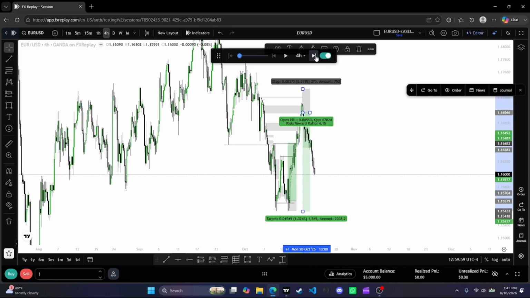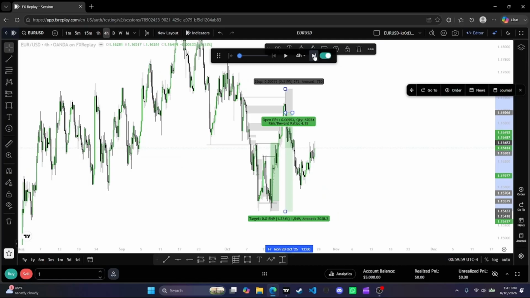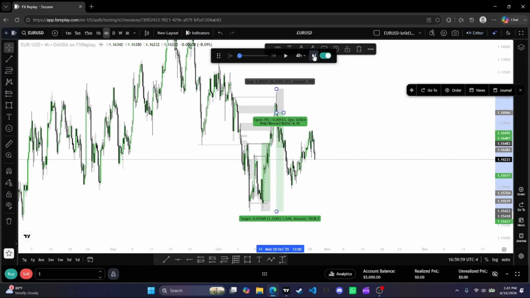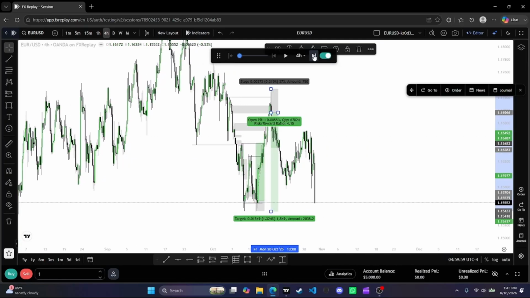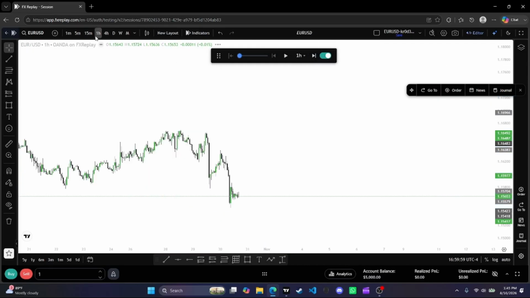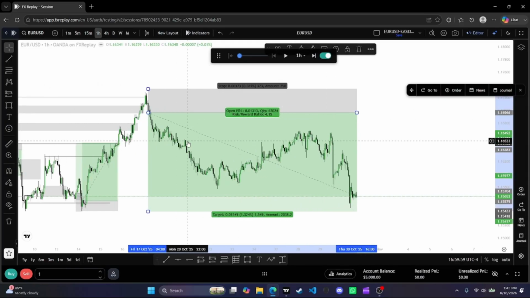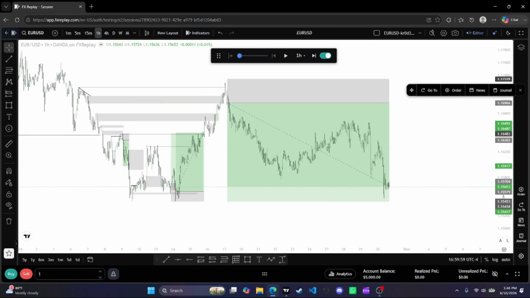It is very slow right now over there. All right, right now you can take, no, you cannot take the second trade. It is not valid.